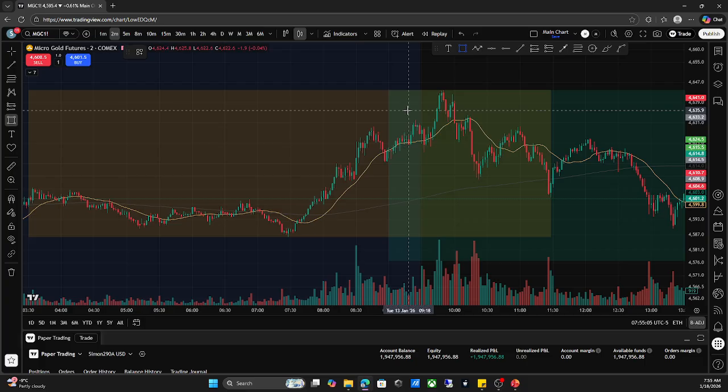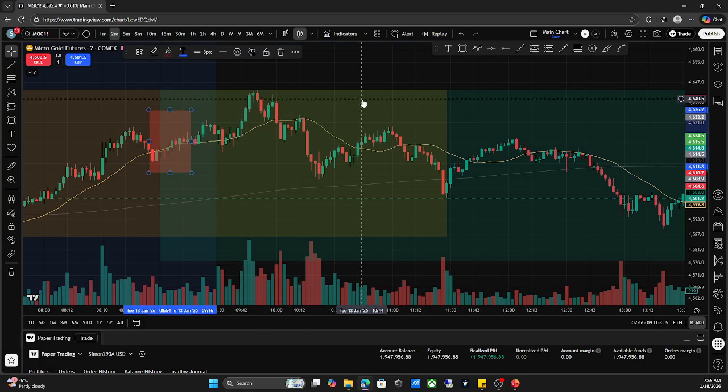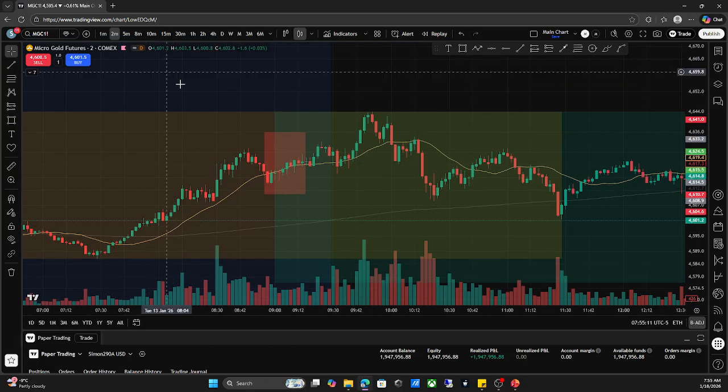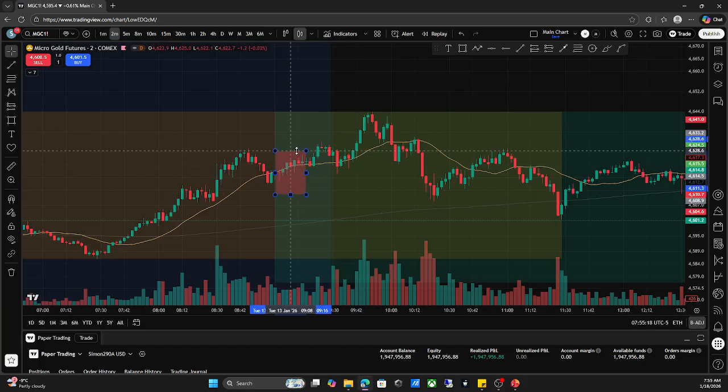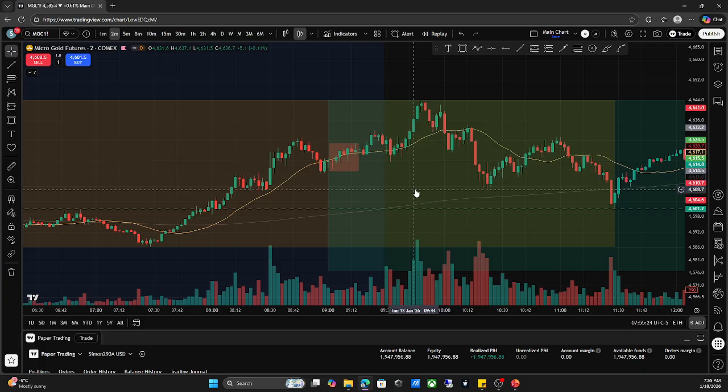So it doesn't give me exactly 15 minutes, so I'll work with the 16 because I am on 2 minutes. 3 minutes will give me exact 15, but for some reason the way this chart works, it doesn't give me a good chart on 3 minutes.